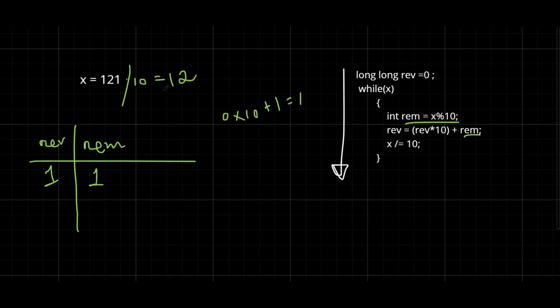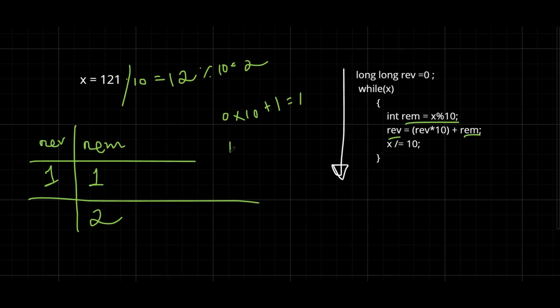Now the remainder will be 12 modulus 10, which is 2. So here, now our remainder will be 2. Now we have to calculate the value of reverse. The reverse will be reverse into 10 plus remainder. At first, our reverse was 1.